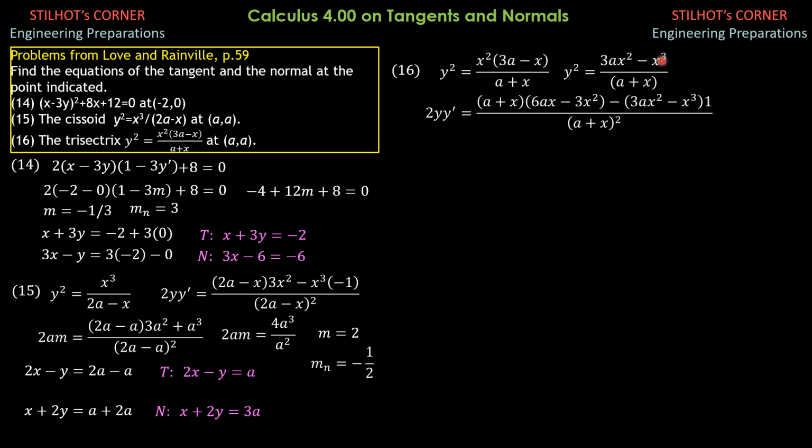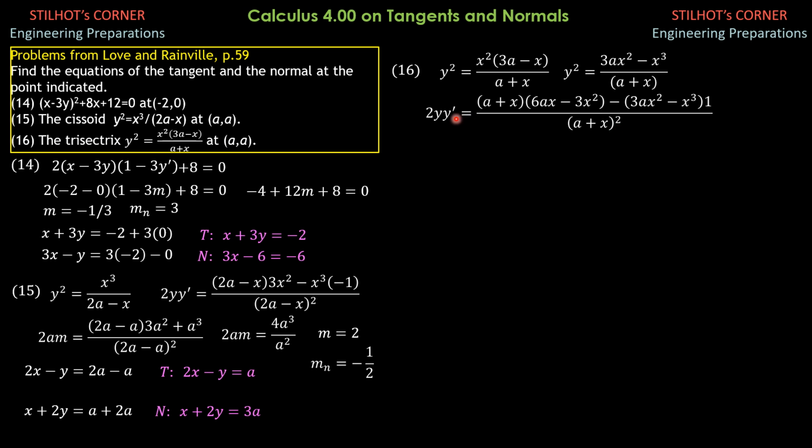The derivative of the numerator: the derivative of the first term is 3a times 2x, so 6ax, and the derivative of the second, -x^3, is -3x^2. Then minus the numerator, 3ax^2 - x^3, times the derivative of a + x, which is just 1 because a is constant, all over denominator squared.